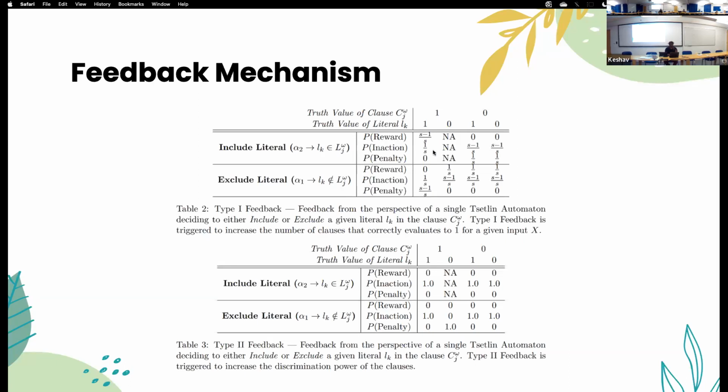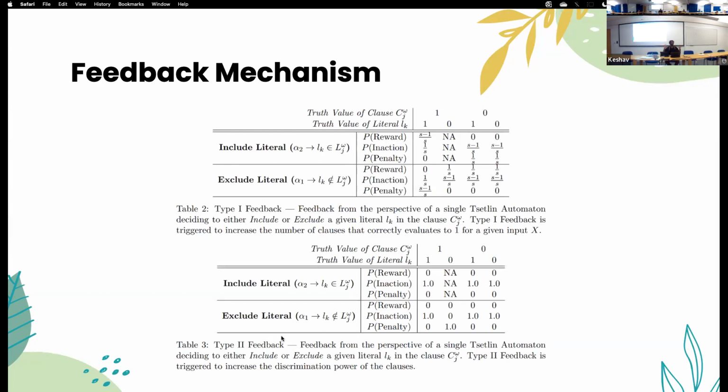It determines whether or not a specific automaton will be rewarded based on whether its output is corroborated by the clause, regardless of whether it's currently included or excluded. That is feedback system 1.